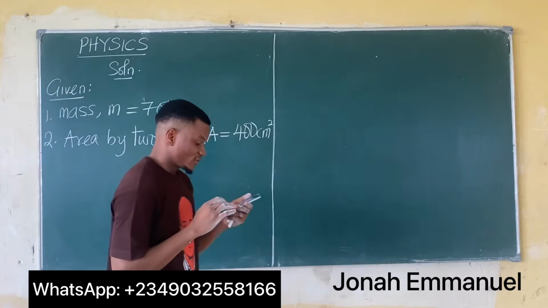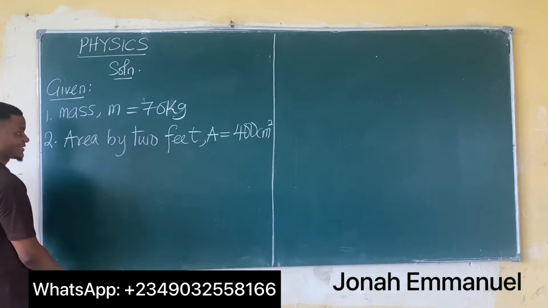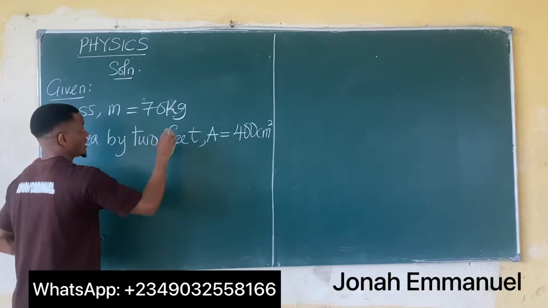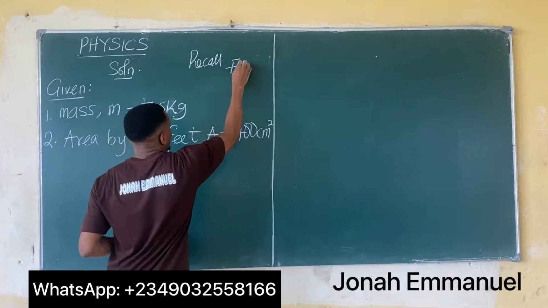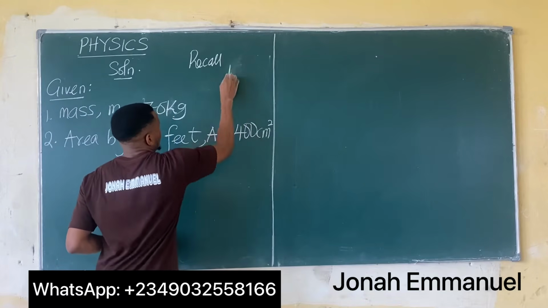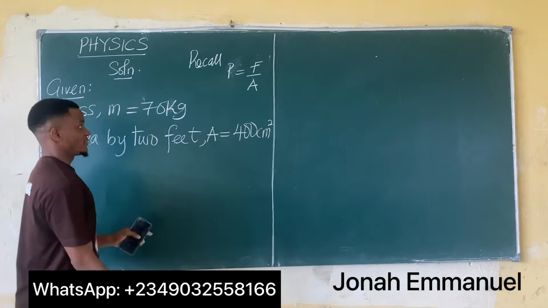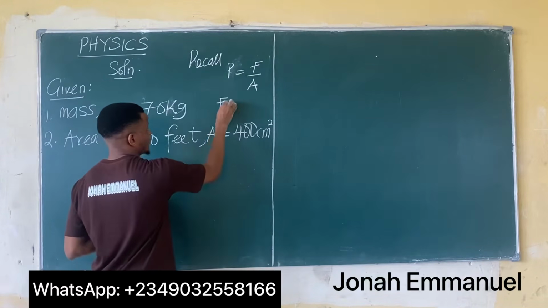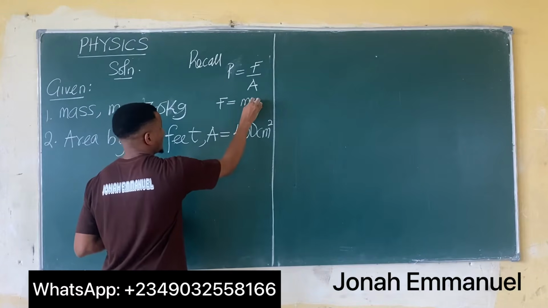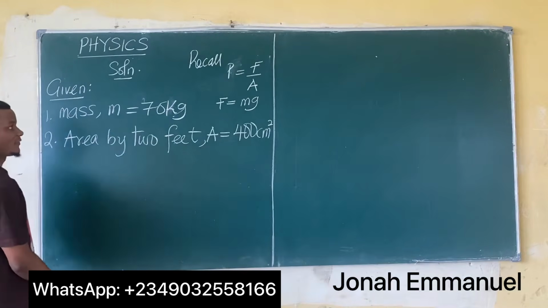Alright. So first of all, we have to find the pressure that this man exerts. Now recall that we said pressure is equal to force over area. And we said from Newton's second law of motion, we can say force is equal to mass times acceleration, or perhaps gravity if you want to.